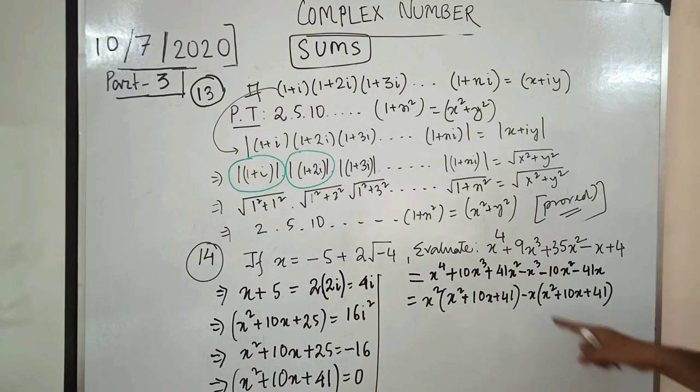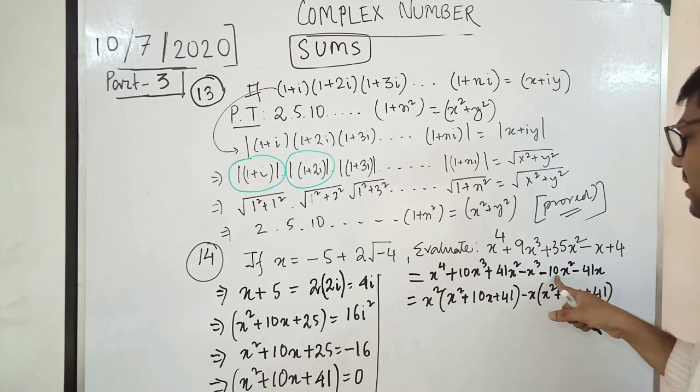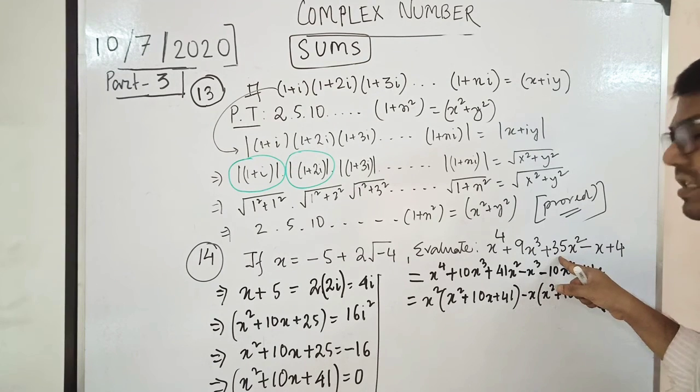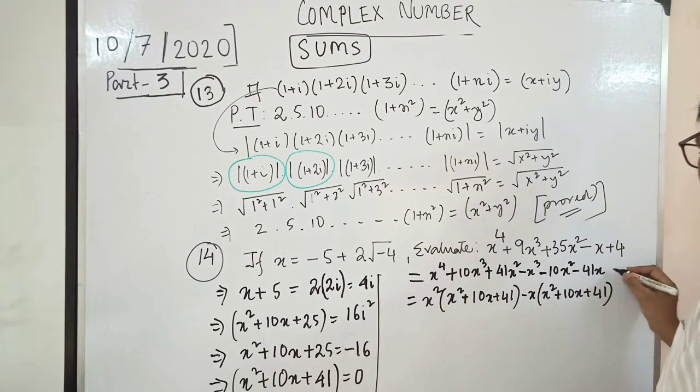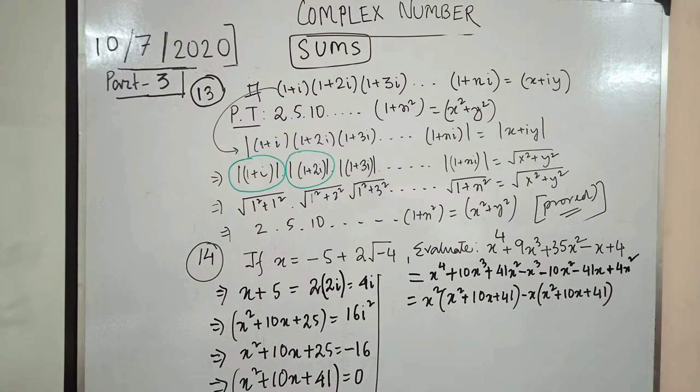Now look at x square. 41x square plus 41, then minus 10. So you got a 31, 31x square, but here it is 35. So you need another 4. So I have to have another 4x square with it. So another 4x square I need.